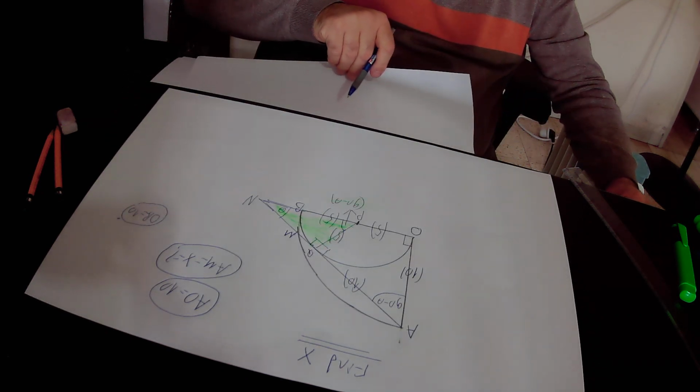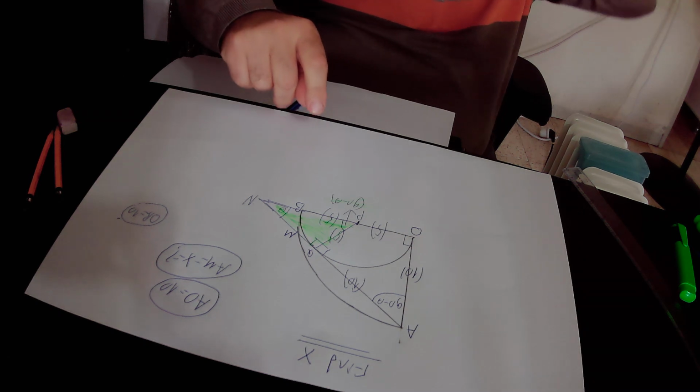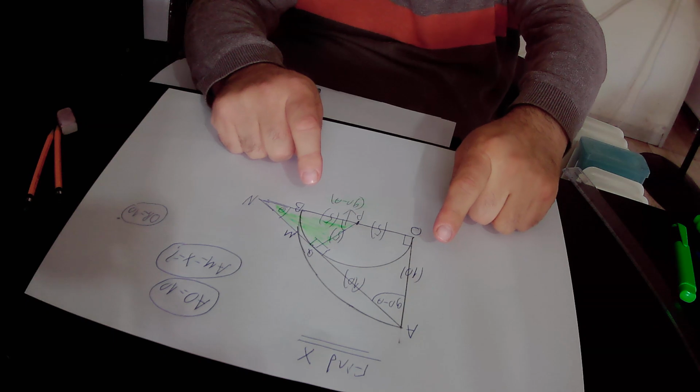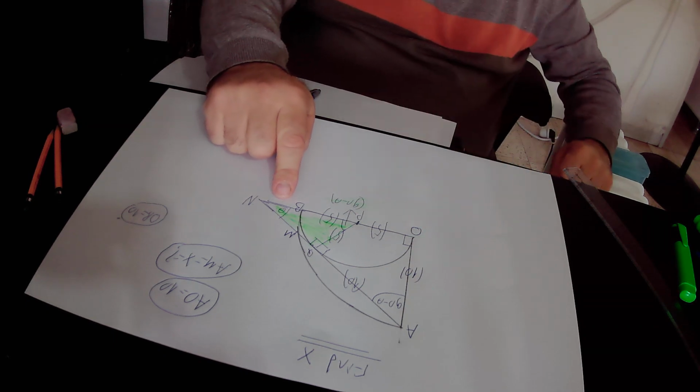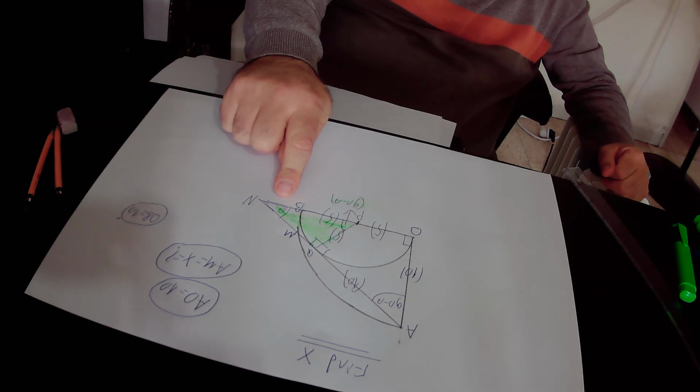In addition, this is angle theta, that is a common angle, it belongs to both triangles. So angle theta equals itself.